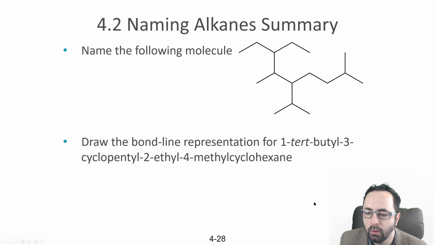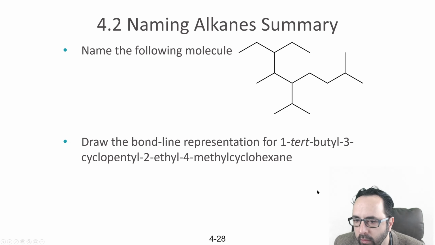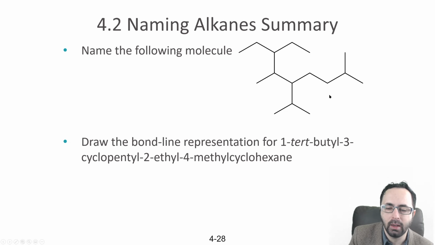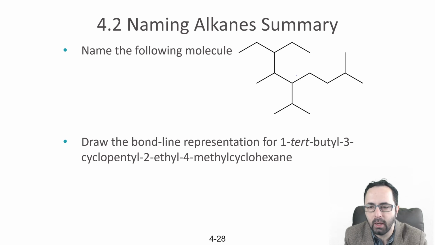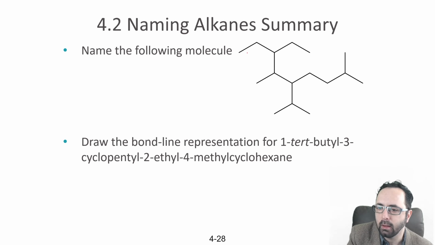Okay, so let's take a look at a couple more examples here. So our first job on the top here, we're going to name this, is to find the longest carbon chain, the parent chain. Now we can start either right here or right here.